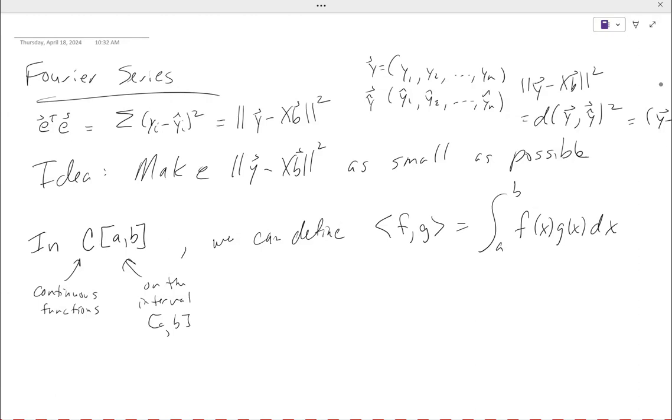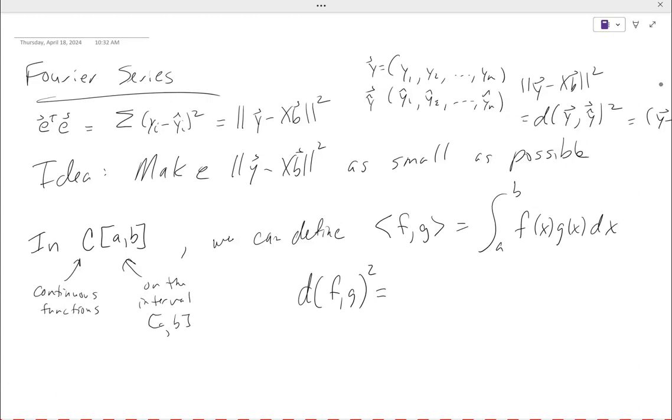Okay? So if we want to try to find a least squares solution for a function, the idea is we want to try to find a function or a set of functions that give us this thing being as small as possible, again, the distance, right? So if I wanted the distance in terms of this inner product between these two functions, I'll do it squared again, just so I don't have to worry about the square root.